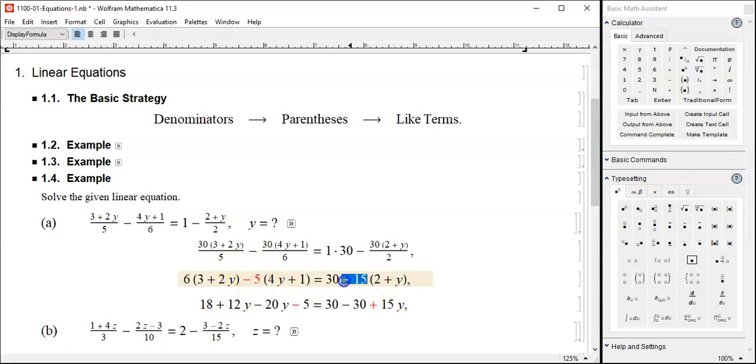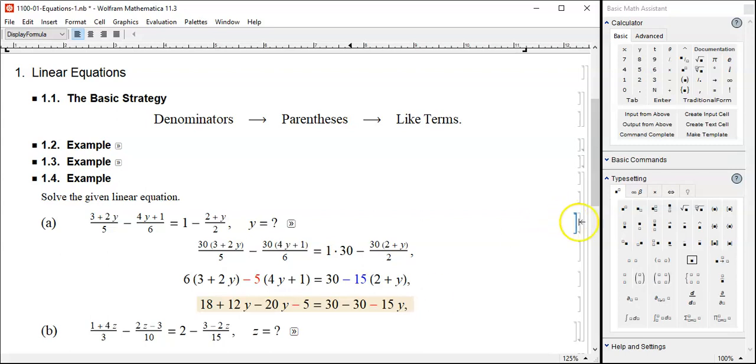Same thing here. You have to distribute negative 15. Negative 15 times 2 is negative 30, that's okay. Negative 15 times y is negative 15y. Remember, there is no such thing as subtraction. Everything is just addition, adding a negative number. So whenever you see a negative sign, it's a part of the next number.